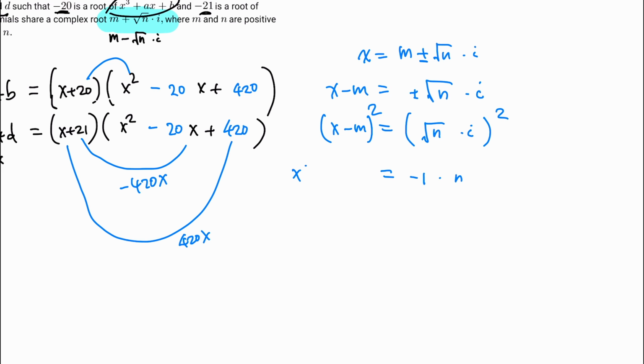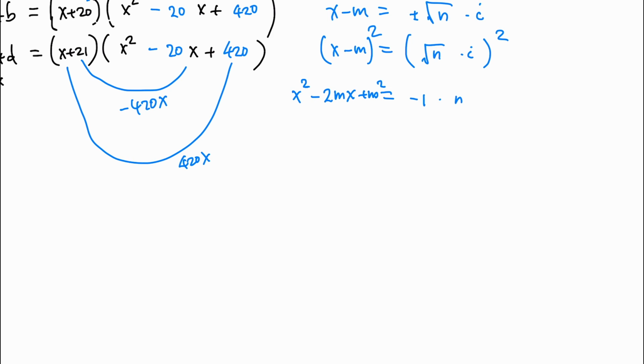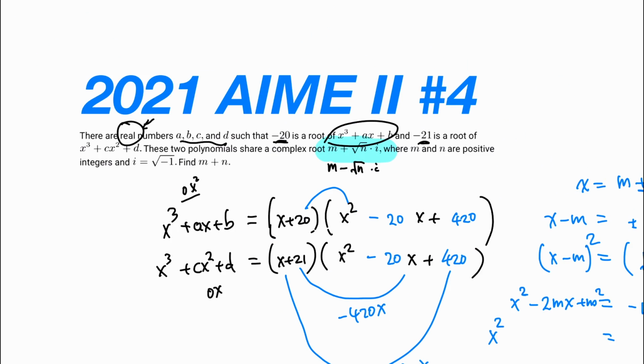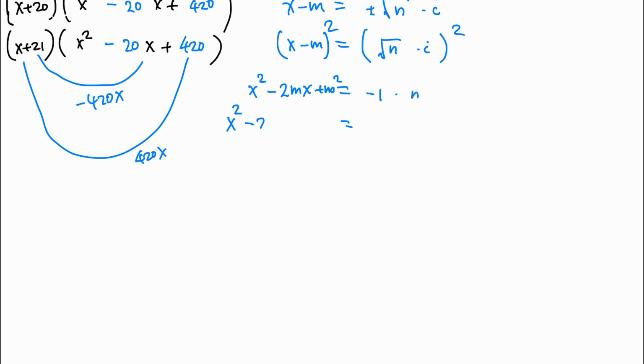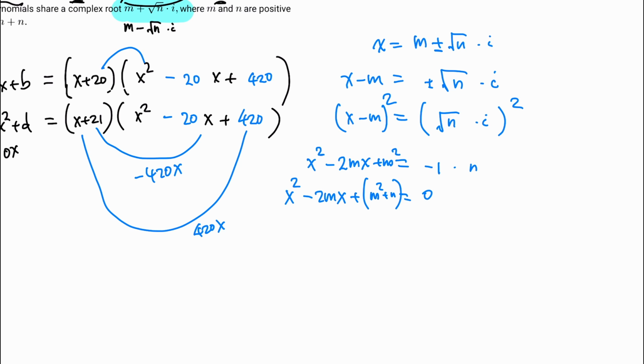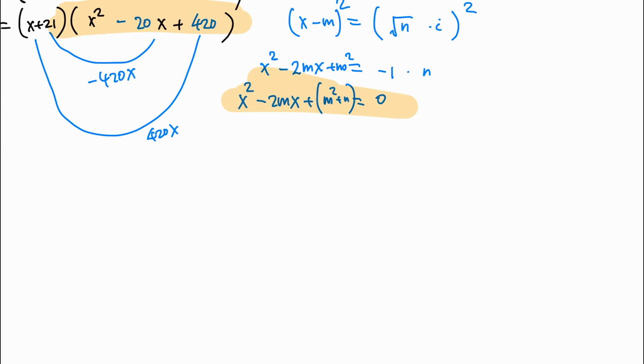So this side is x squared minus 2mx plus m squared, and we have x squared minus 2mx plus m squared plus n equal to 0. This expression should be identical to the one that we have here, which means we can get a system of linear equations: negative 20 is equal to negative 2m.